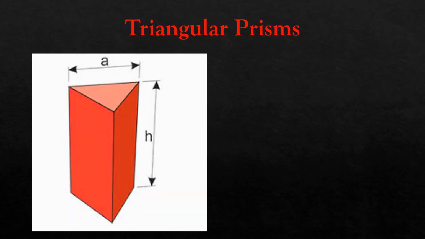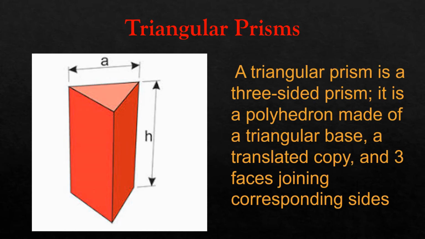Now we will see what a triangular prism is. In this figure you can see a triangular prism. A triangular prism is a three-sided prism. It is a polyhedron made up of a triangular base, a translated copy, and three faces joining corresponding sides.